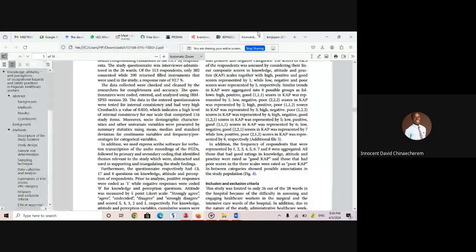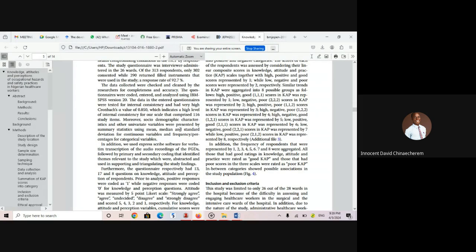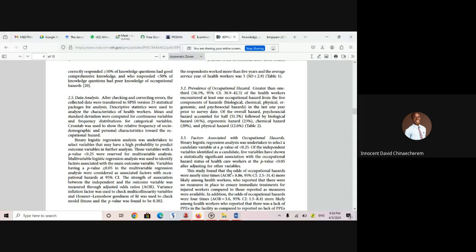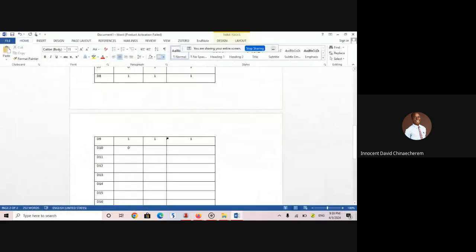There are other statistical association tests like p-value or confidence interval. They were all used in the last paper. You'll find it here, right? All right, so that means it's going to be 0, 1, 1.